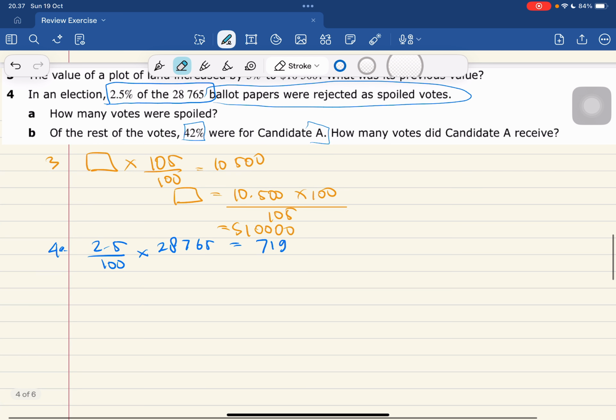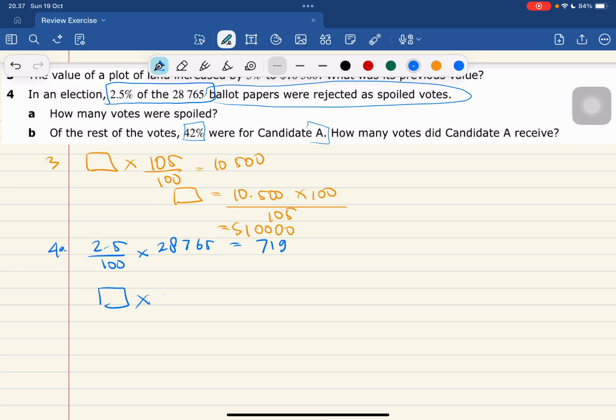So we should find it from here, times 97.5 percent. Okay, we can minus this by 42. No, let's make it later on.